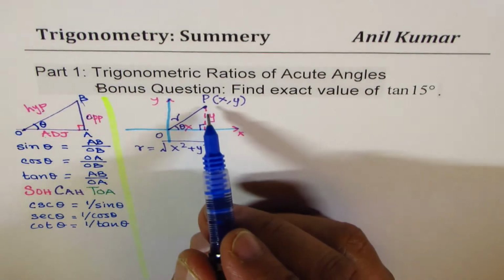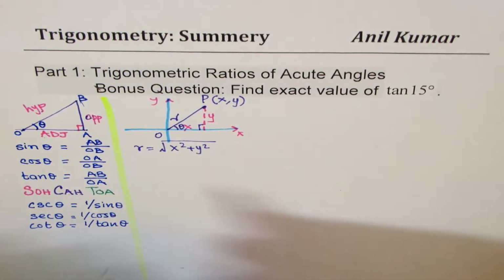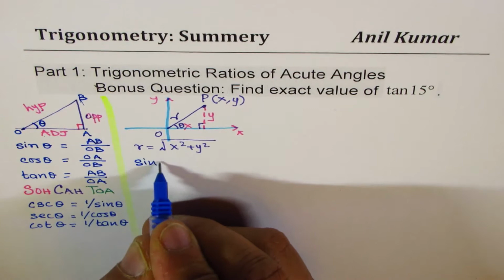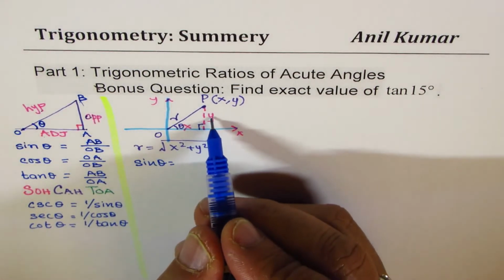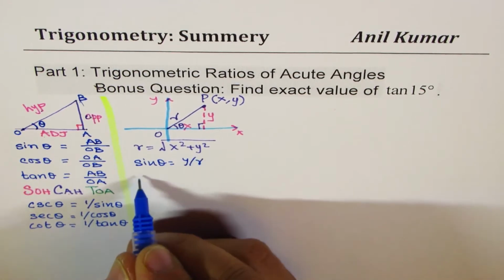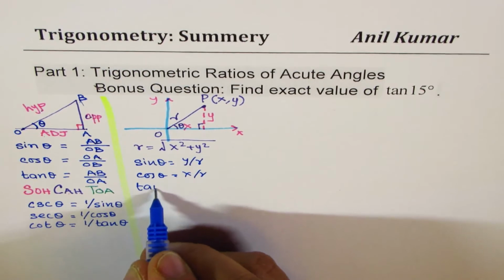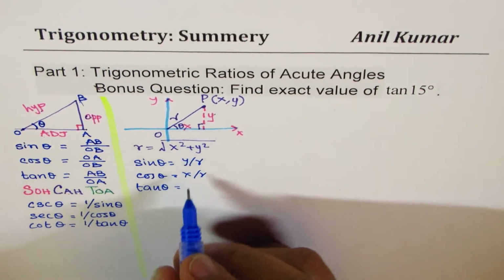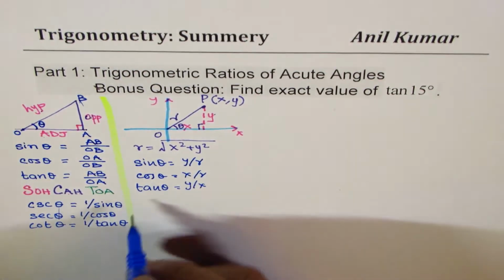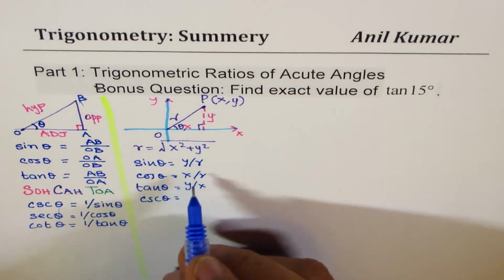Now, in case a point is given in a coordinate plane, then you can again write these ratios as sine theta equals to, opposite side is y over hypotenuse, which is r, as y over r. Cos theta is x over r. Tan theta will be y over x. Cosecant theta will be r over y, so just flip them, right?